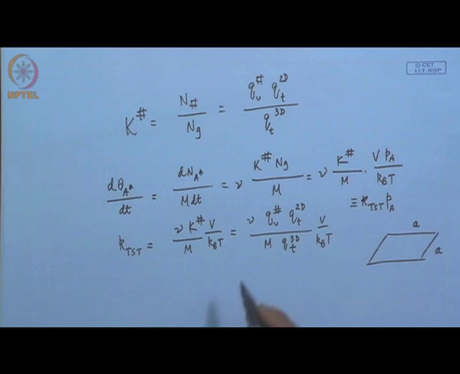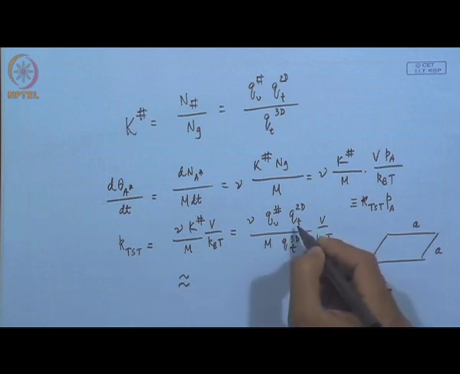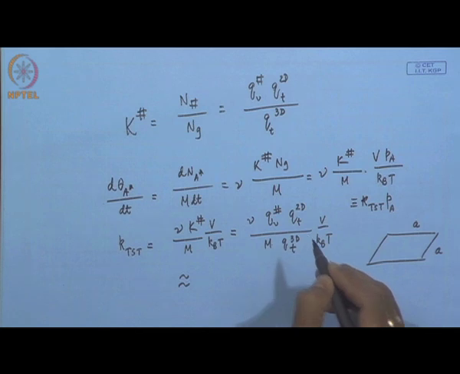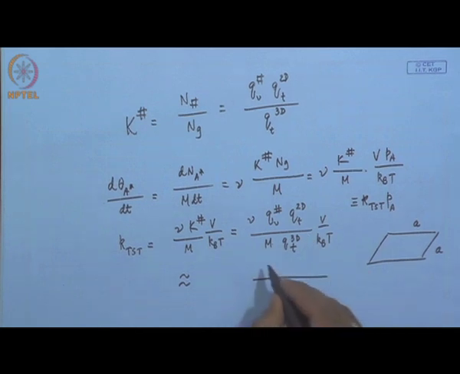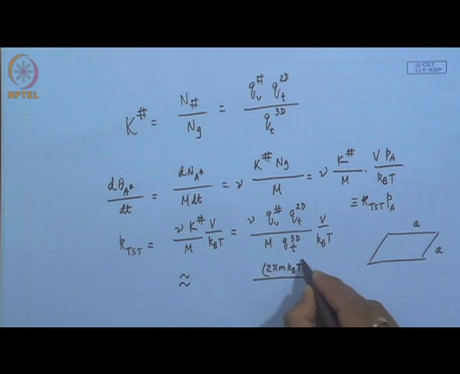If you put the expression for the translational mode, then for 2D translation it will be 2 pi m k_B T to the power 3 by 2, but since it is 2D, therefore 2 by 2, which means 1 by h square.